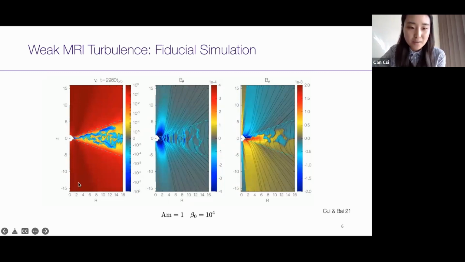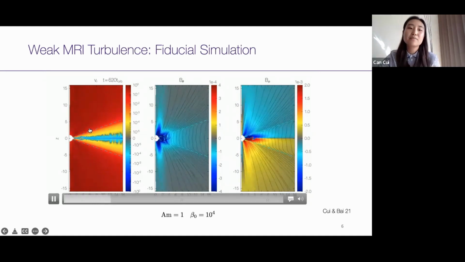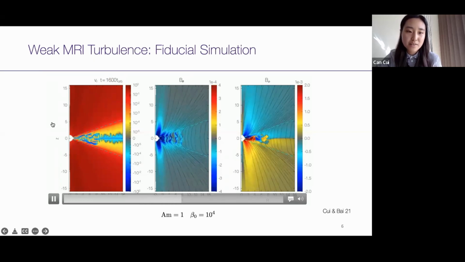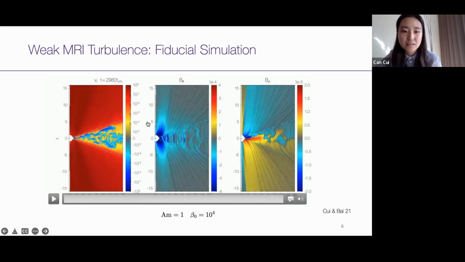I'm going to play it one more time. You can see in the left panel the MRI turbulence gradually appears, and it moves towards large radii. The black curves are the magnetic field lines.